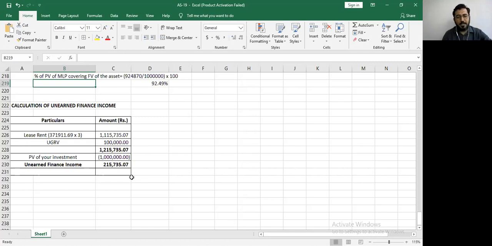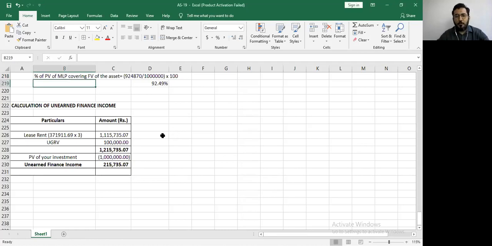Just copy this down, then I'll explain the entire concept of unearned finance income. I hope you have copied this much down. Have you completed the question? Are you done with copying the solution? Yes. Okay. Now everyone's attention over here.